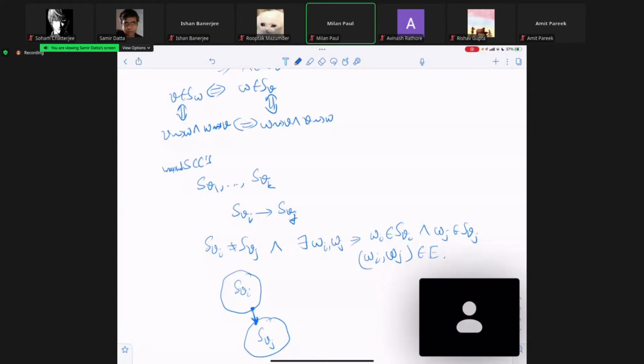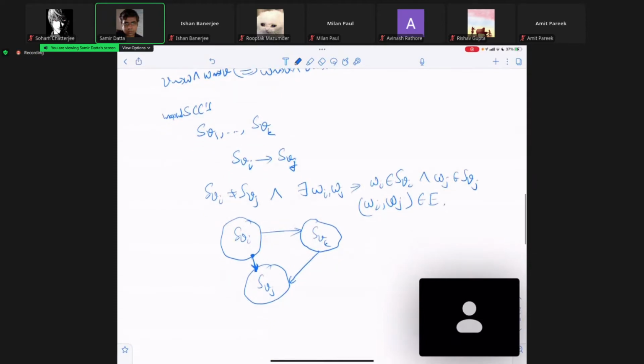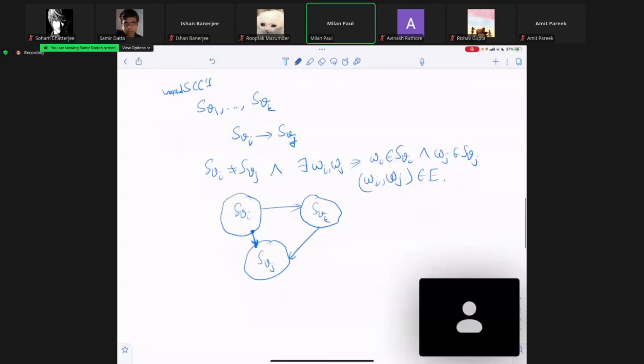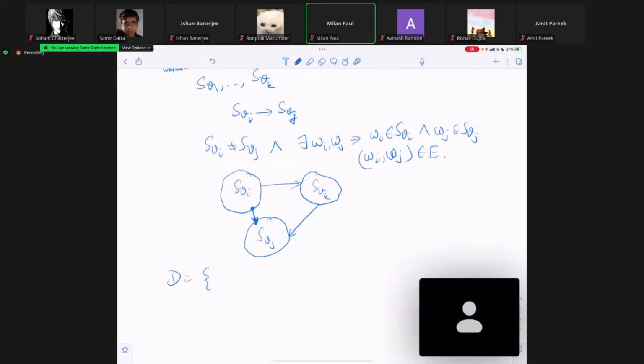So now, what is the graph that you will get? SV1 through SVK and so on. So you will get some graph, correct? Can this graph contain a cycle? Let's call this graph D. I claim this graph D is a DAG. Sir, what is this D?